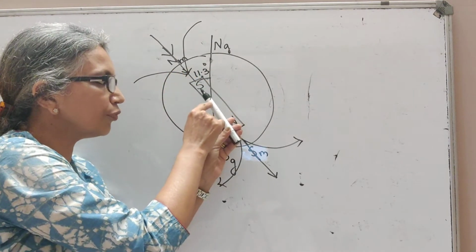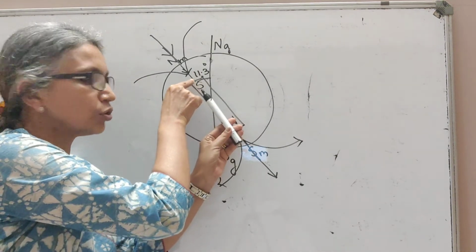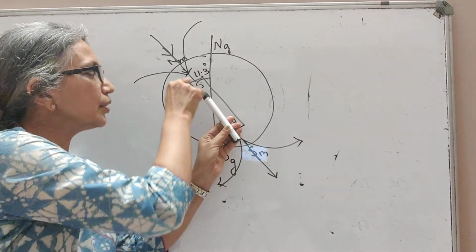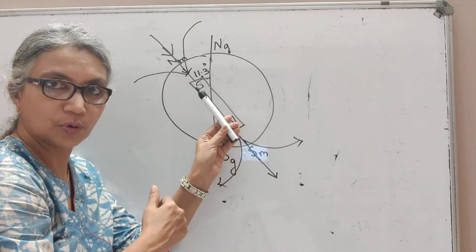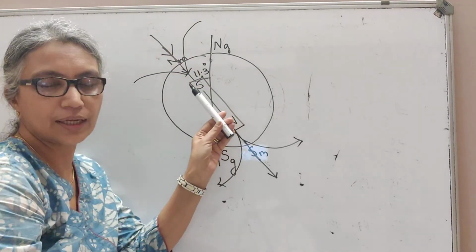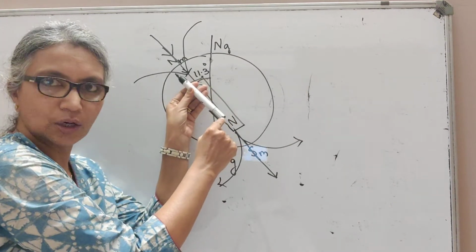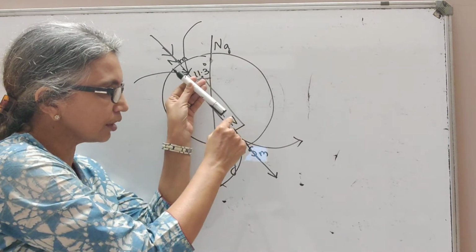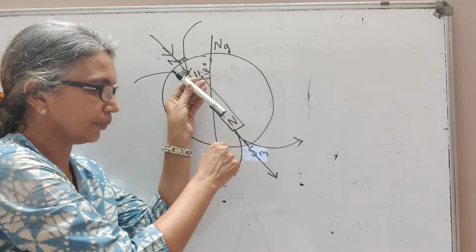So the north end of the magnetic needle will be attracted towards the south pole, and this pole was therefore called the north-seeking pole. And because it was called the north-seeking pole, this came to be named the magnetic north. Similarly, for the magnetic needle, if this is the south pole, naturally it will be attracted towards the north end of the magnetic pole here.